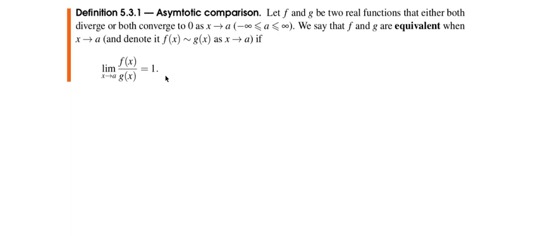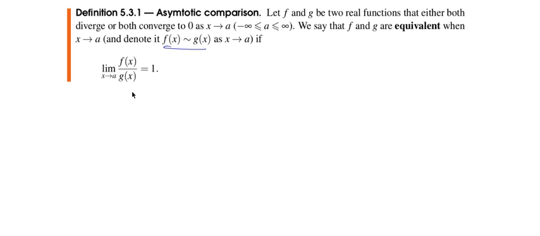We say that they're asymptotically equivalent, right? So let f and g be two real functions that either both diverge or both converge to 0 as x goes to a. Well, we say that f and g are equivalent when x goes to a, and denote it like this. This is the same symbol that we used before. f is equivalent to g as x goes to a if this limit is true, right?